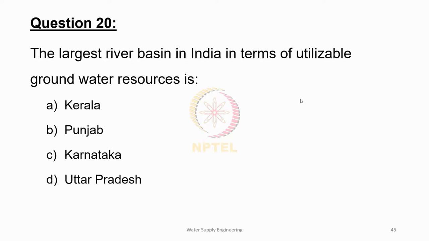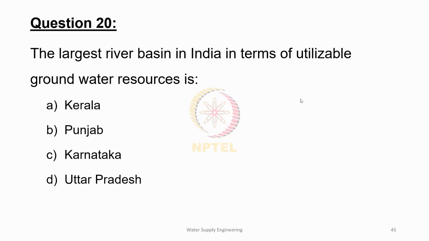Because if I skip back to the normal slide mode, the answer will be visible in the next slide, so I don't want to do that now. I'll correct it before uploading. So read it as: the state with the largest utilizable groundwater resources is option A Kerala, option B Punjab, option C Karnataka, option D Uttar Pradesh.